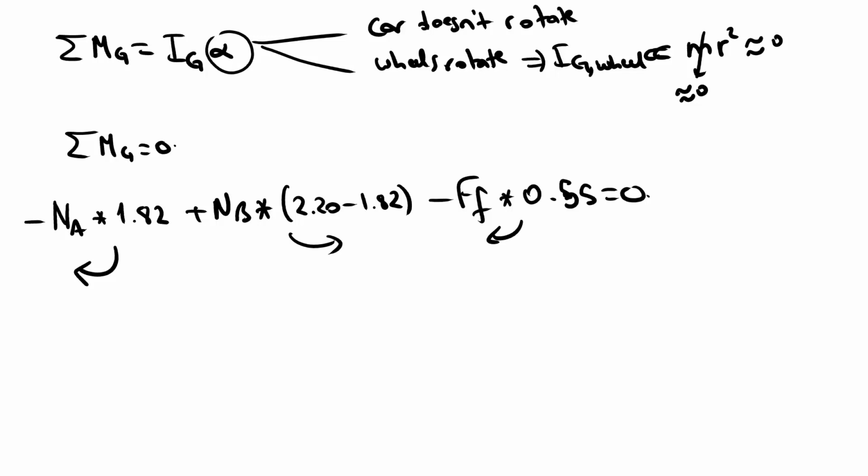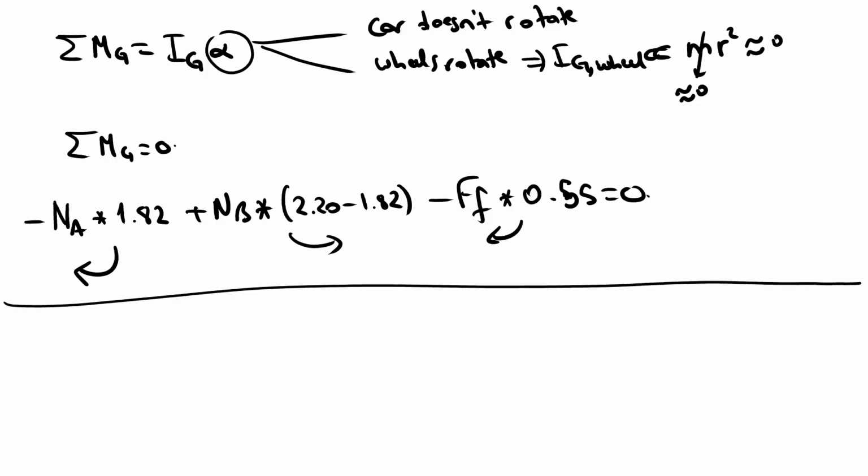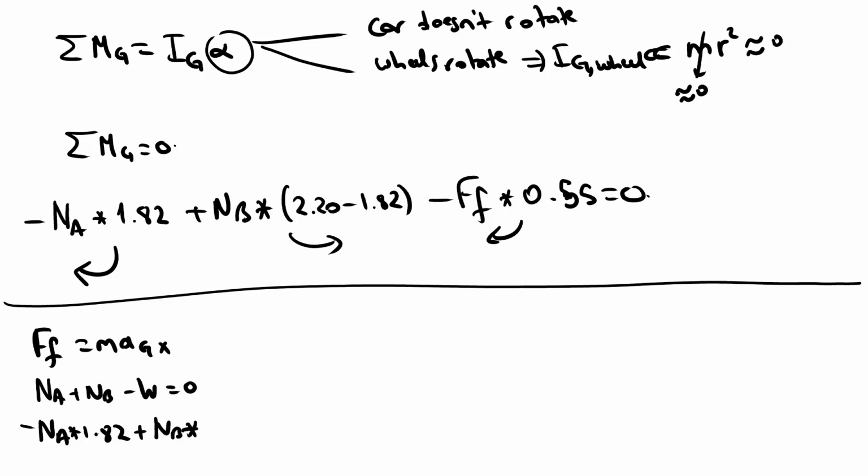Okay, so with this in mind, let me write all equations together. The first equation is F of F equals m a g x. The second is that N of A plus N of B minus W is 0. The third equation is negative N of A times 1.82 plus N of B times 0.38 minus F of F times 0.55 is equal to 0.